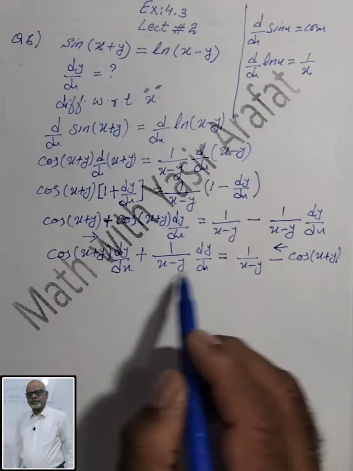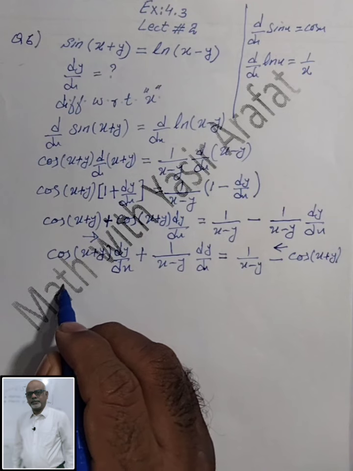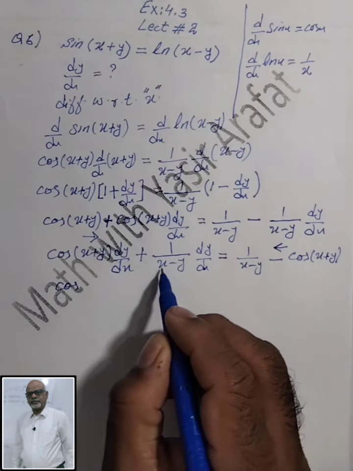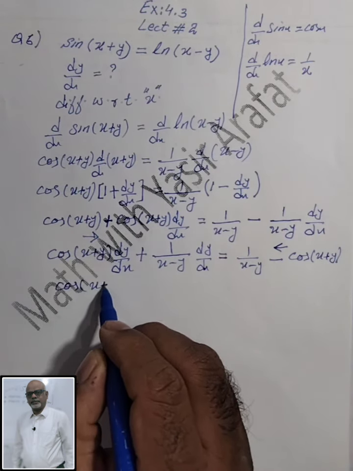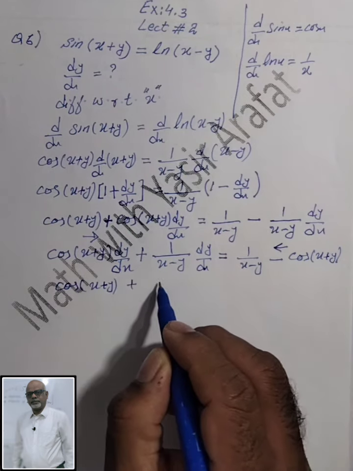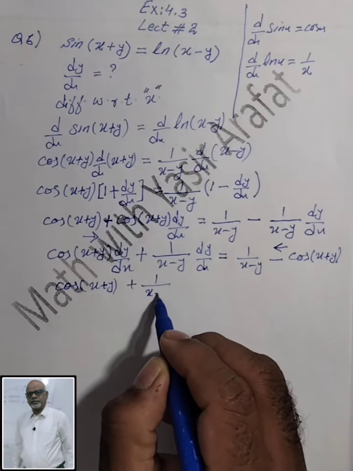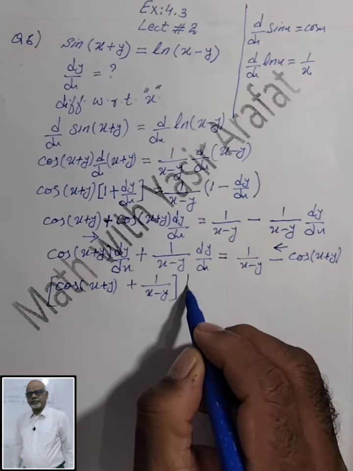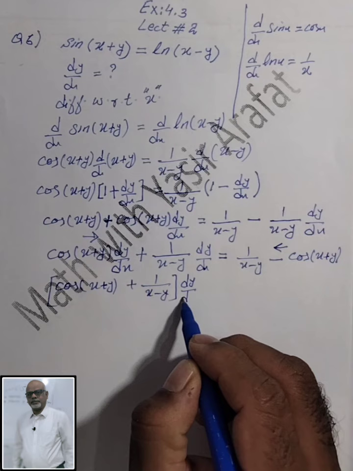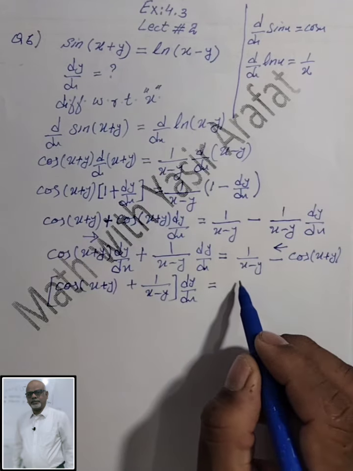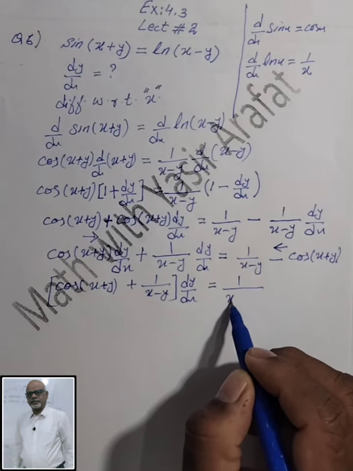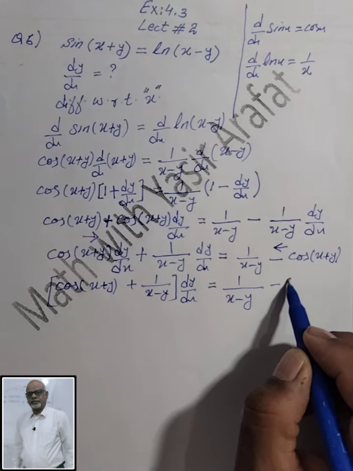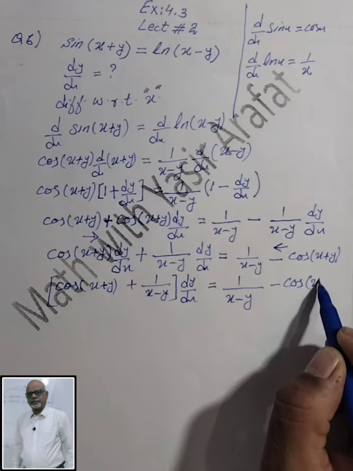Now here we have to take dy over dx common from the left hand side. Just take out dy over dx common, and this is 1 over (x minus y) plus cos(x plus y).